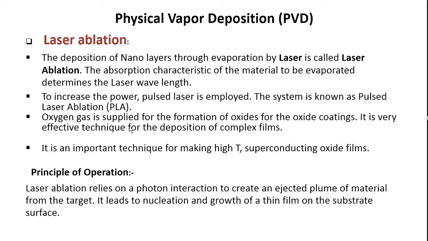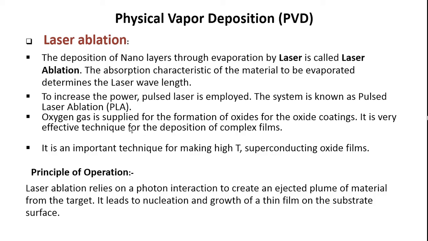Laser ablation relies on a photon interaction to create an ejected plume of material from the target. We have already discussed the plume, isn't it? It leads to nucleation and growth of a thin film on the substrate surface.